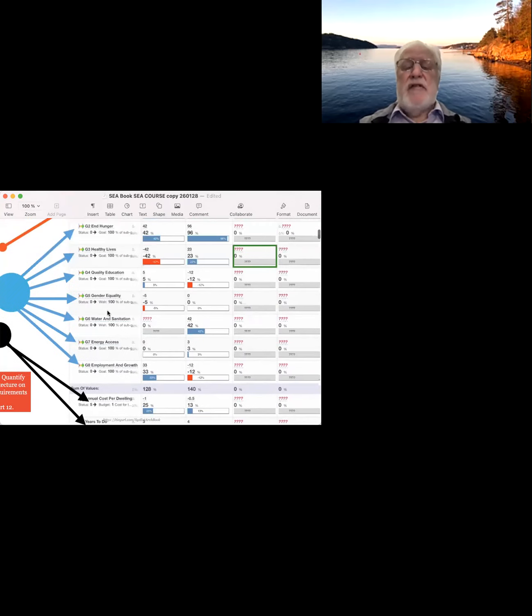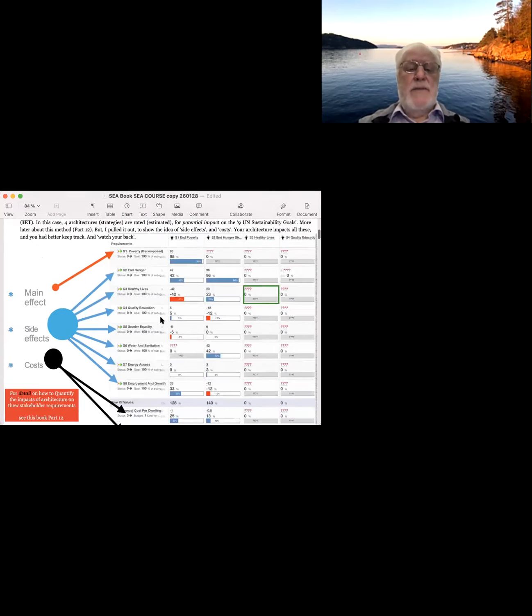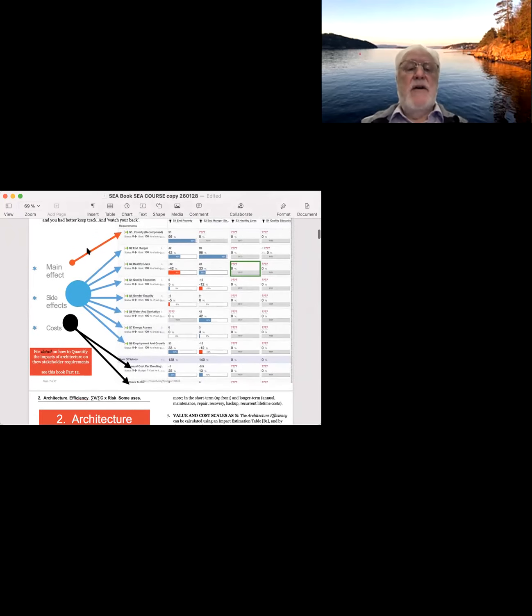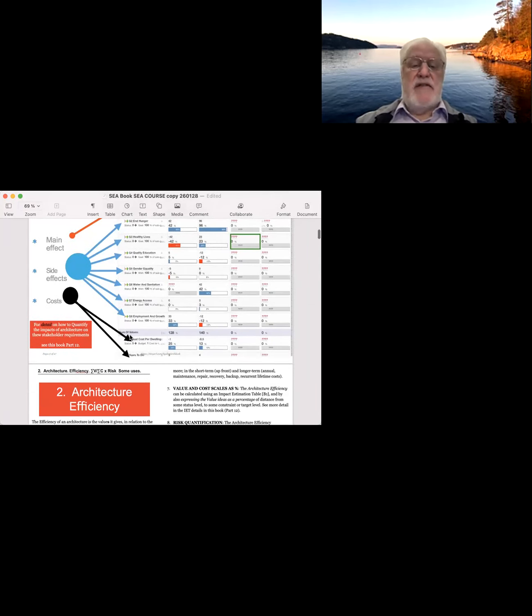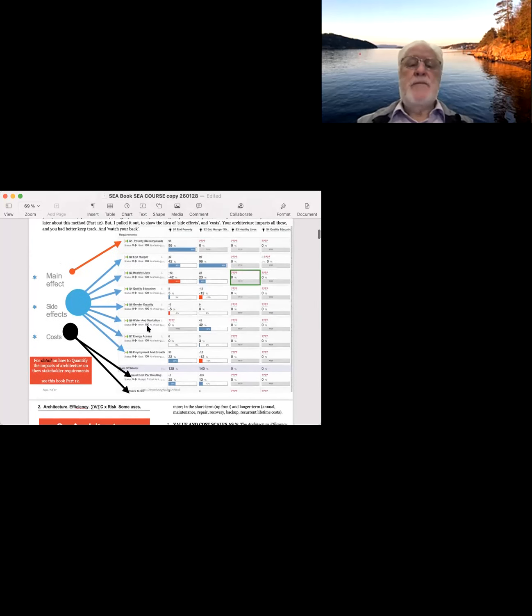It forces us to evaluate the side effects. So once you're staring primarily at the poverty goal or objective or requirement, everything else here becomes, by comparison, the side effects. And these costs are another form of side effects, but these are side effects on values, and these are, if you like, side effects on costs, okay?